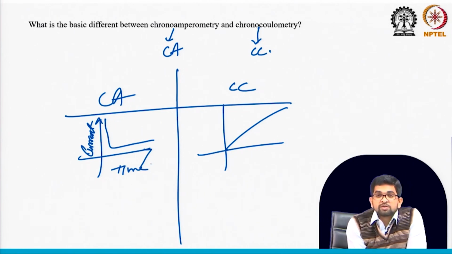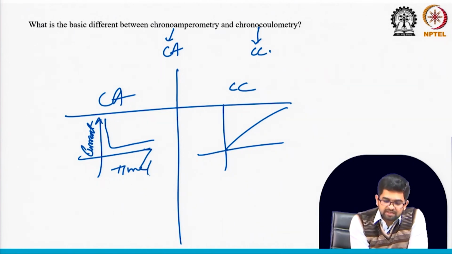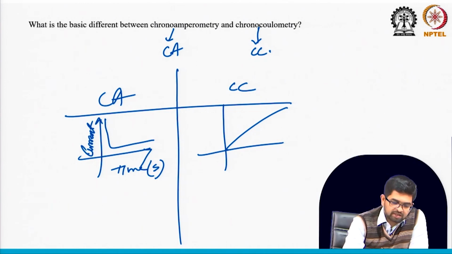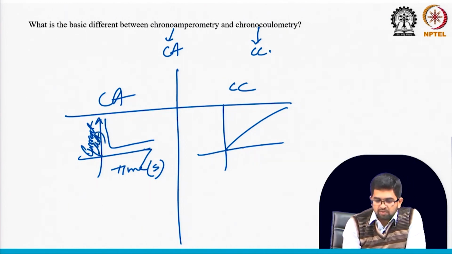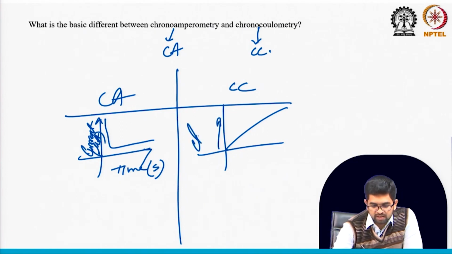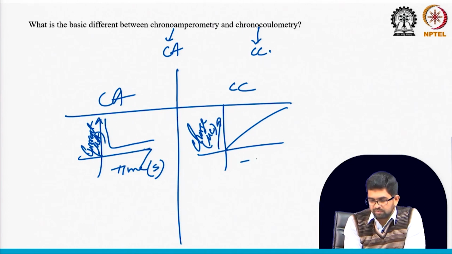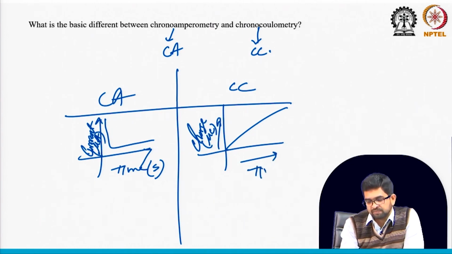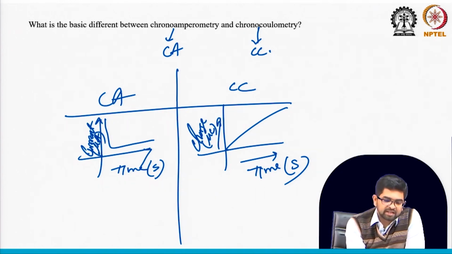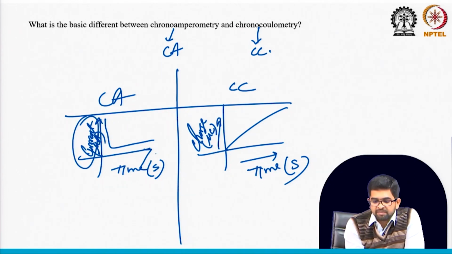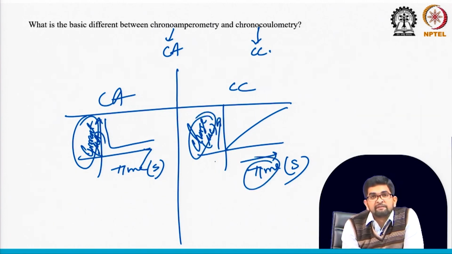As I said, without units it is meaningless, so always write time in seconds and current in microamperes. In coulometry, the y-axis is the charge, in coulomb or microcoulomb, and the x-axis is the time in seconds. So, that is the unique difference: in CA we are measuring current with respect to time, and in CC we are measuring charge with respect to time.